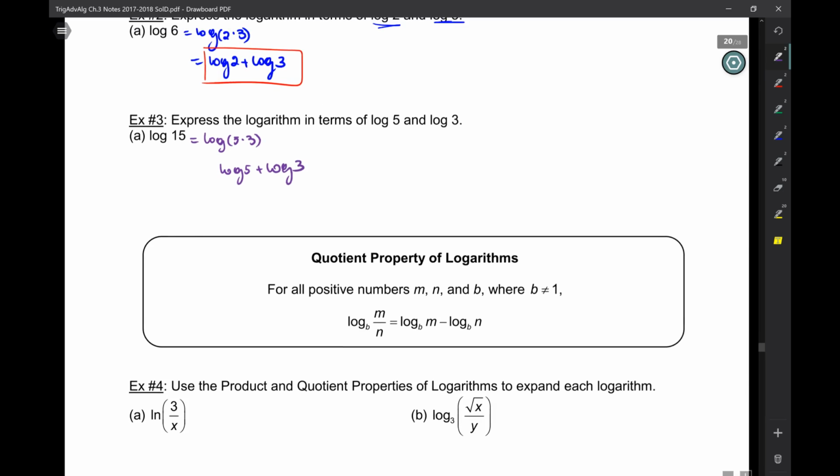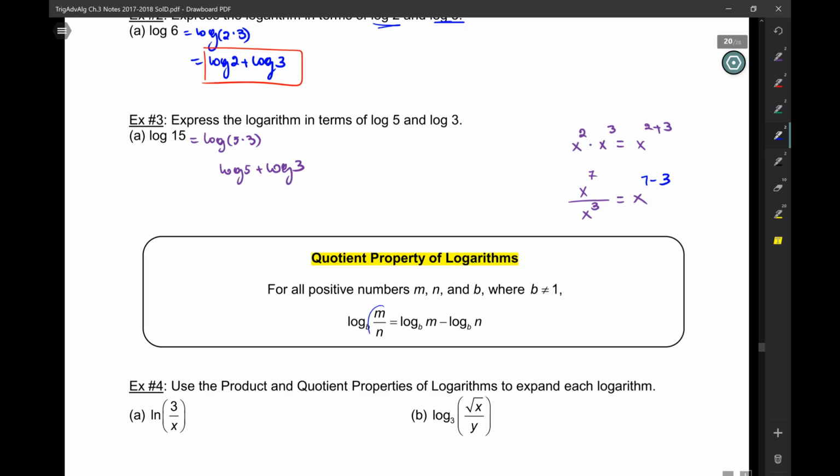All right, so remember we started with, we said if you had x squared times x cubed, you add the exponents. Well, what if you have x to the 7 over x to the 3? What do you do then? You subtract the exponents, right? 7 minus 3. So here's the quotient property.